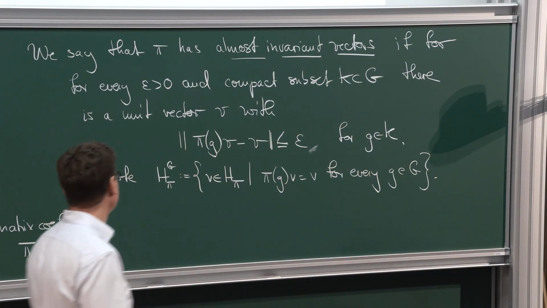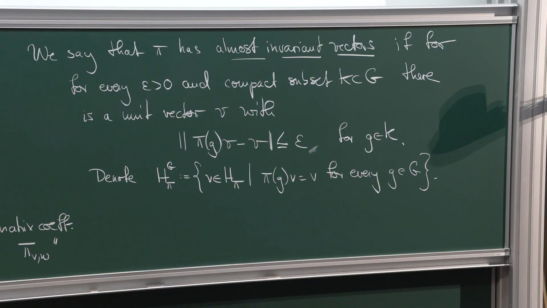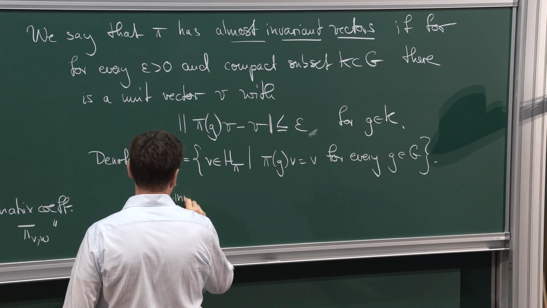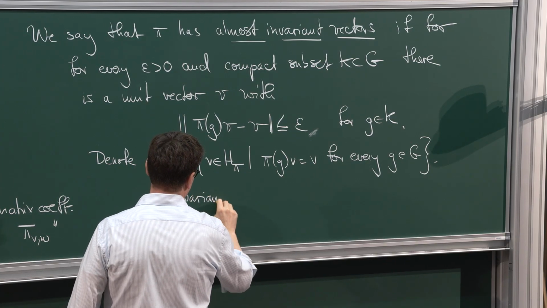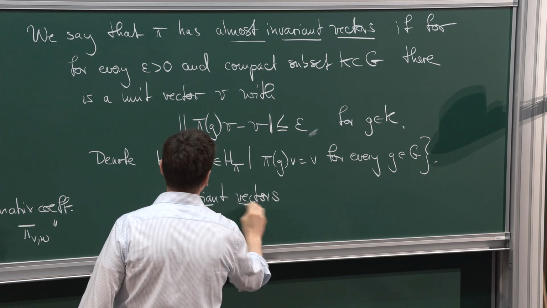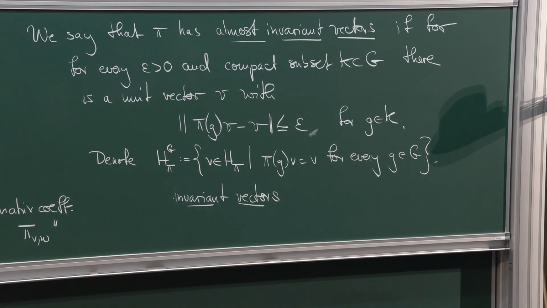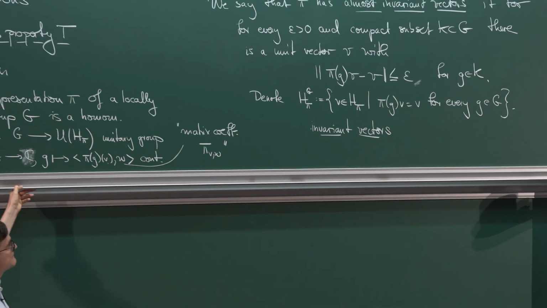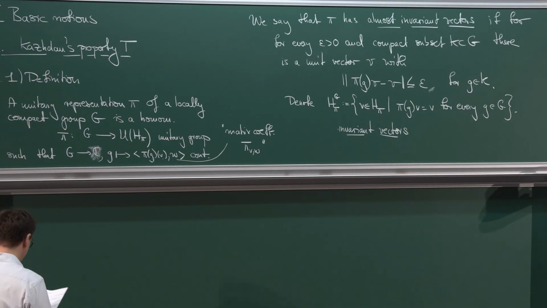We denote them by H^G. All right. And now we're already ready to say what property T is, classical property T.